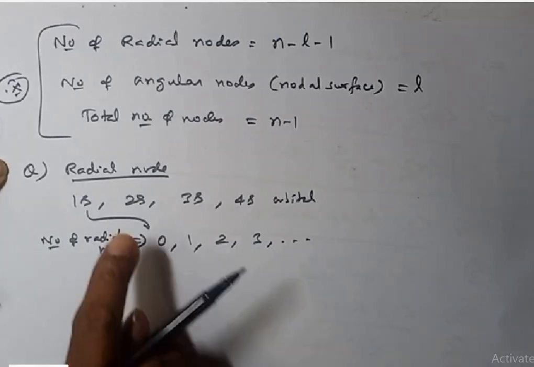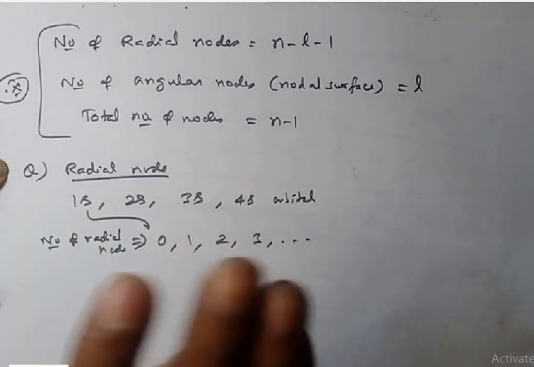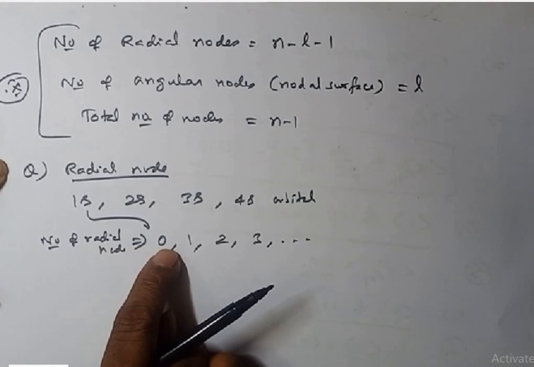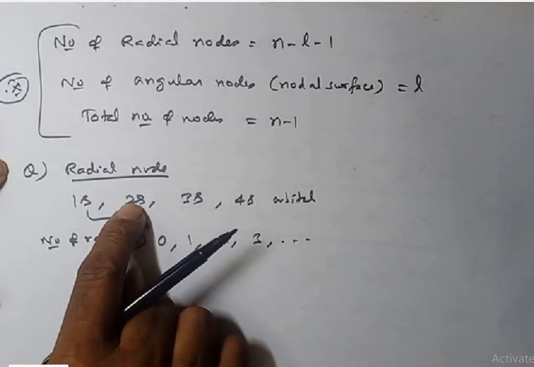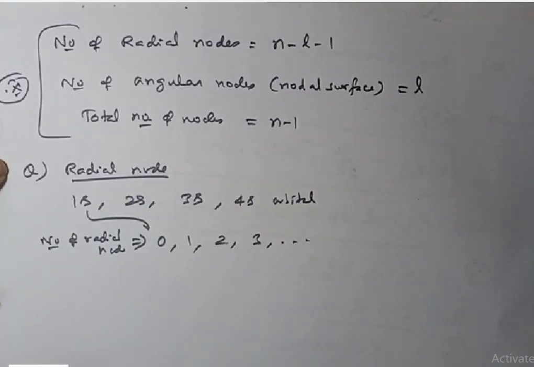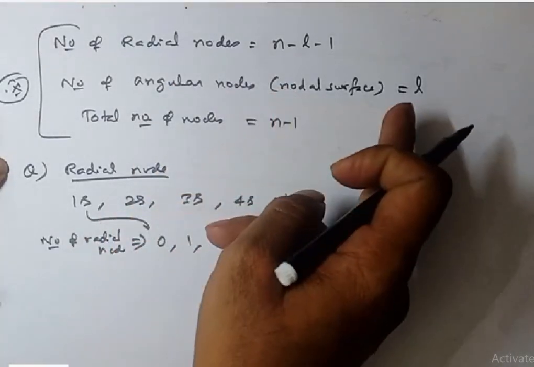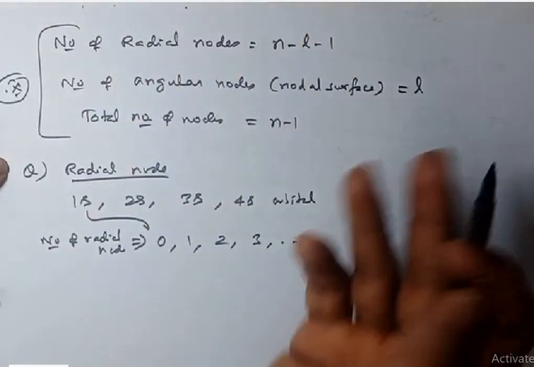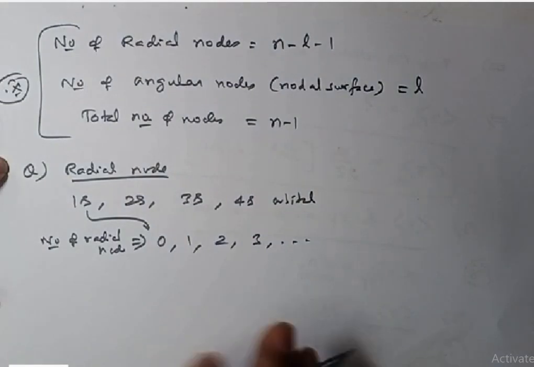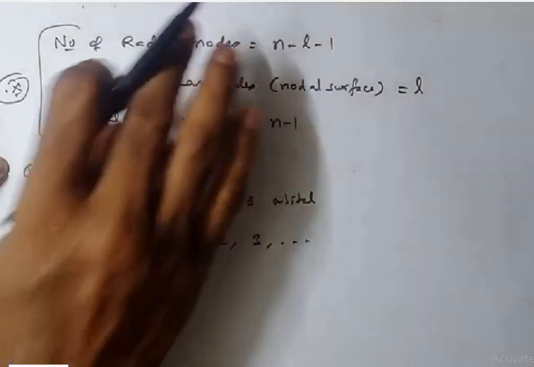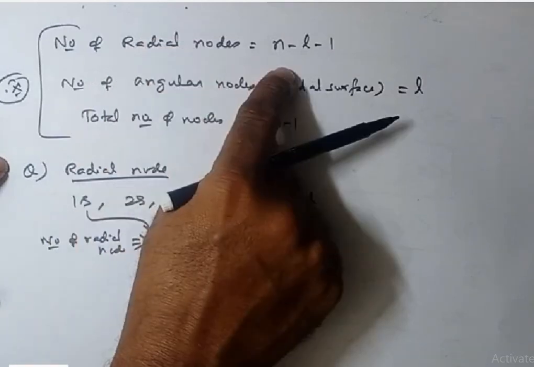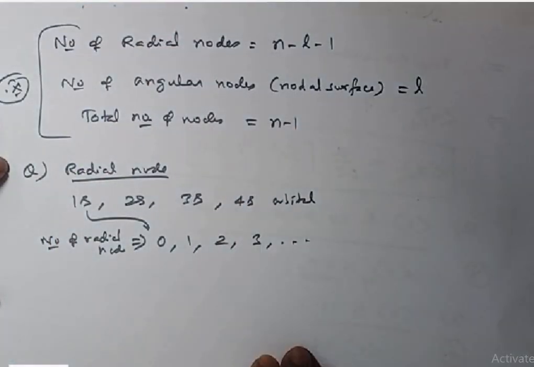So for s orbitals, the number of radial nodes is nothing but n value minus 1. Because for s orbital the L value is 0, there is no angular node. So the only node available is the radial node. Therefore, both values are one and the same.